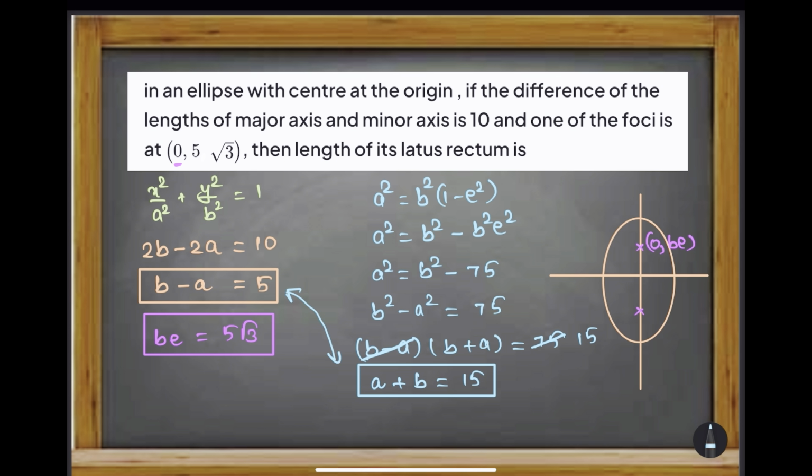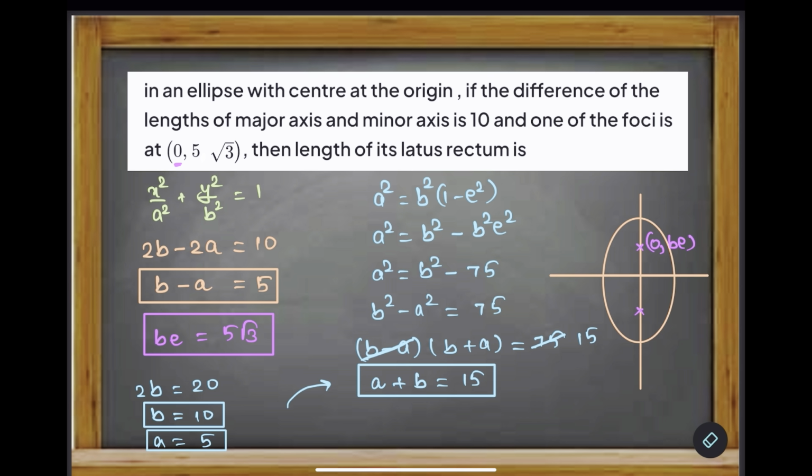Now can we solve? If we add both equations, we will have 2b is equal to what? 20. So b is equal to 10. Okay, so if b is 10, a will become 5. A will become 5, correct or wrong? Just substitute the value of b in this part.